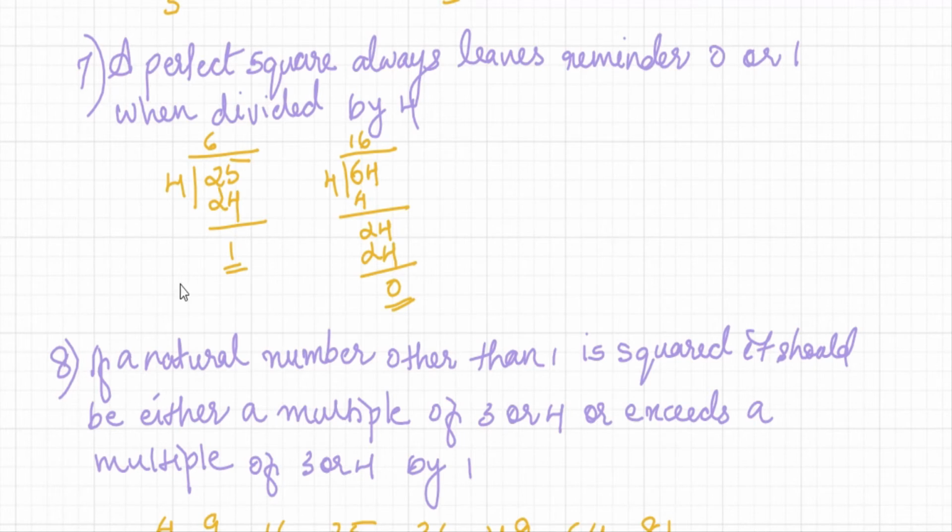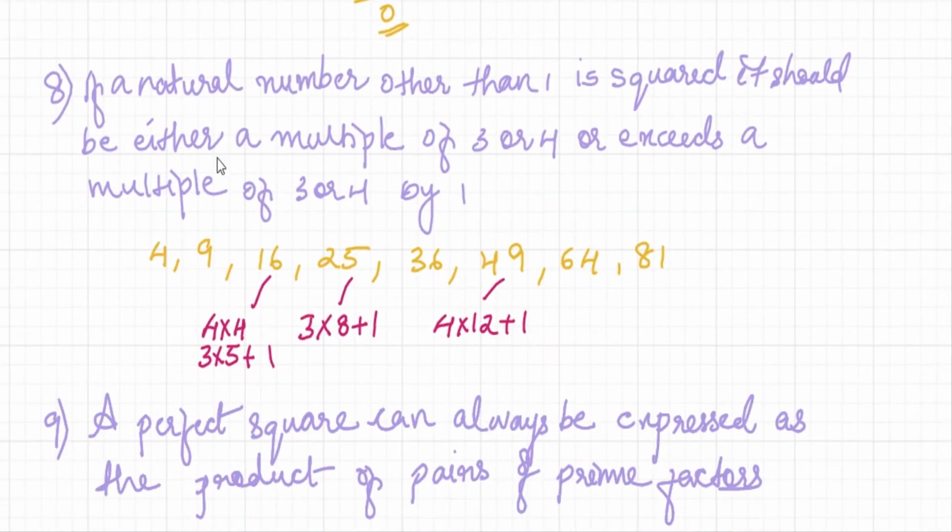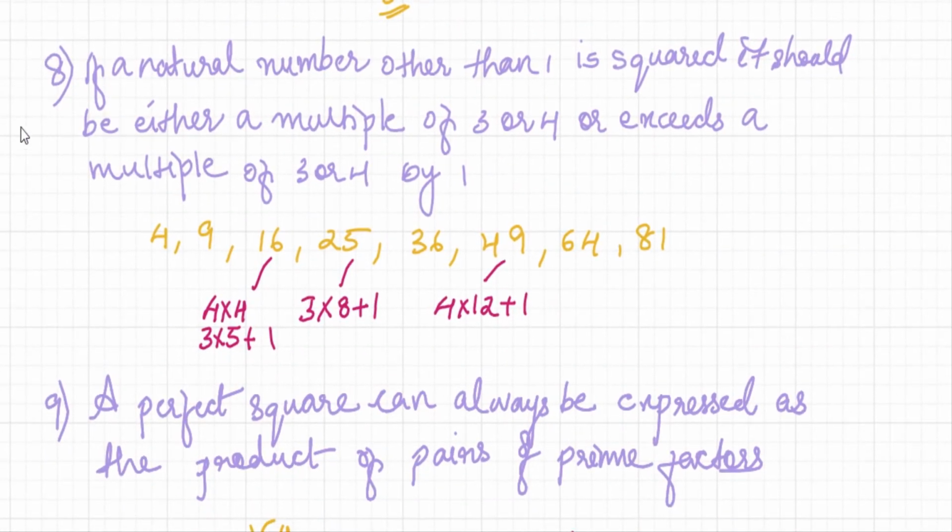The next property: if a natural number other than 1 is squared, it should be either a multiple of 3 or 4 or exceed a multiple of 3 or 4 by 1. Clear?